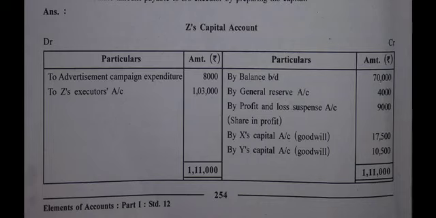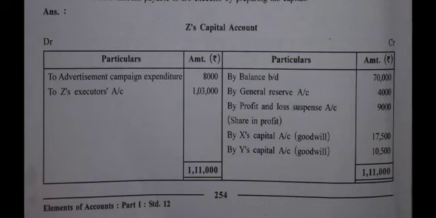We'll begin with the total. Please use your calci. You can see on credit side 70,000, the opening balance of capital, plus 4,000, the share of general reserve that we have obtained on the basis of old ratio. Then 9,000, this is the amount of profit and loss suspense.